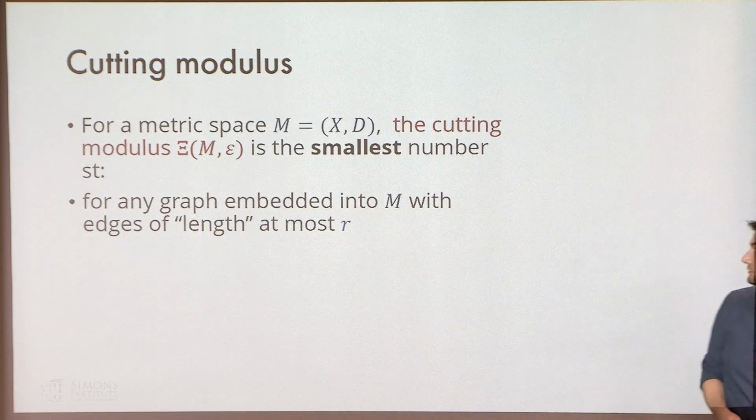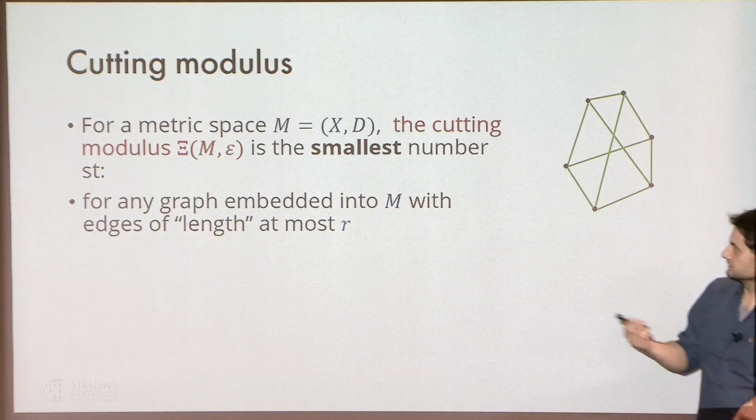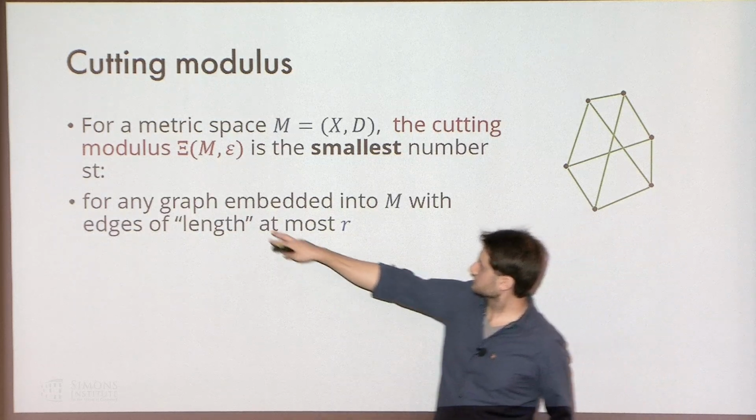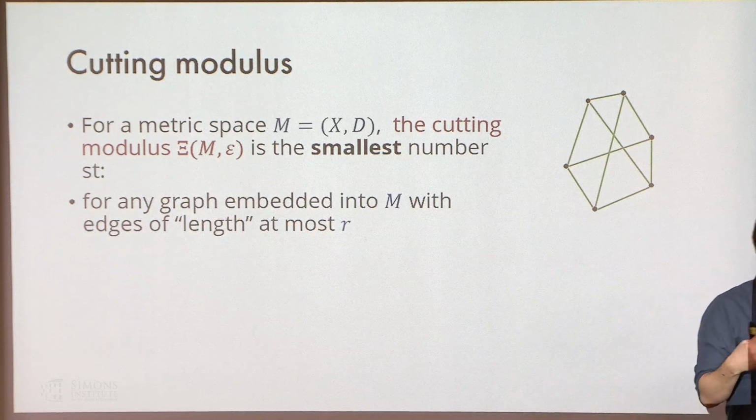Okay, so pictorially, it's not quite equivalent, but you can also think the following. I have my metric space. I put a bunch of points in this metric space. These will be my vertices of the graph. I connect the vertices if they are at distance at most r. Okay, I should say that this is such that for any r, the following holds. Okay, so r is this threshold that we care about at the moment.